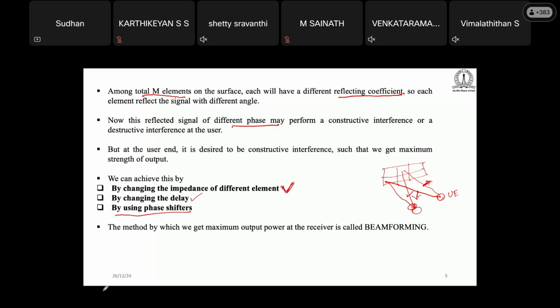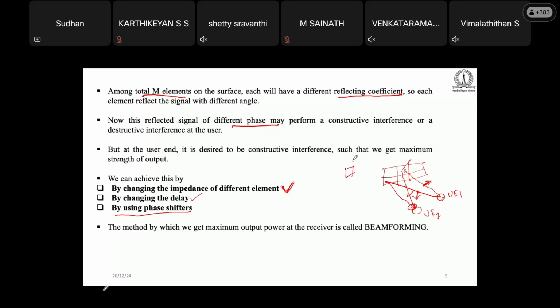And one thing: whatever phase we introduce at the elements needs to be compensated at the receiver. So this is user 1, user 2. Whatever phase we provide here has to be compensated. And what phase will be given to this one?